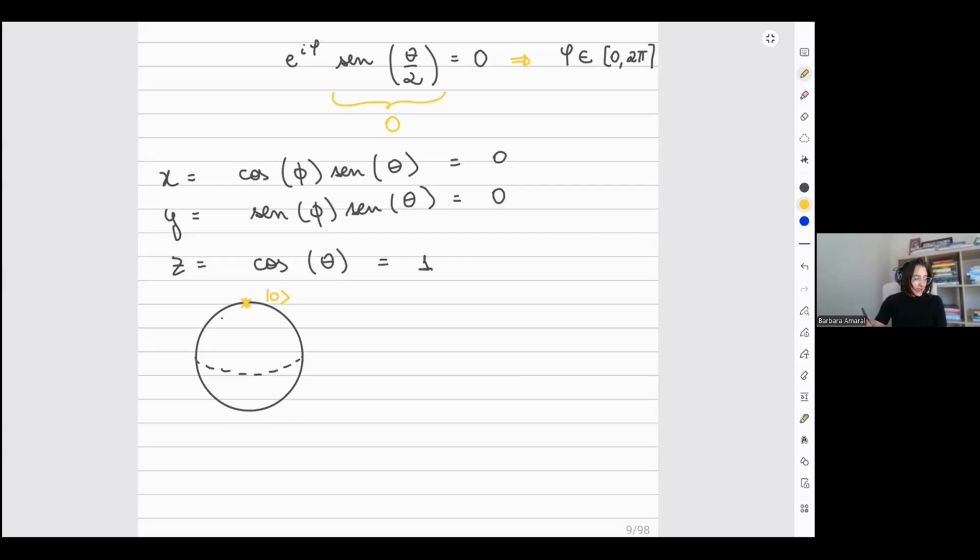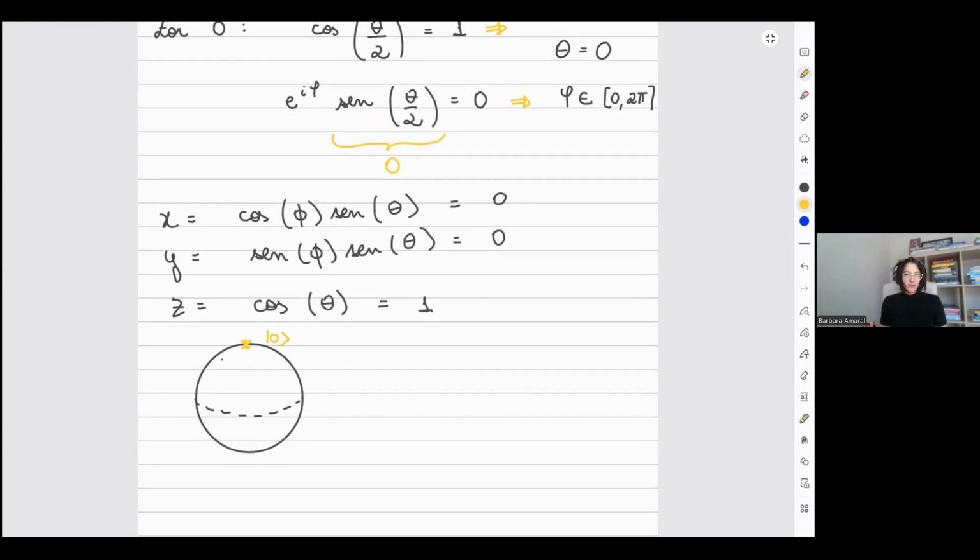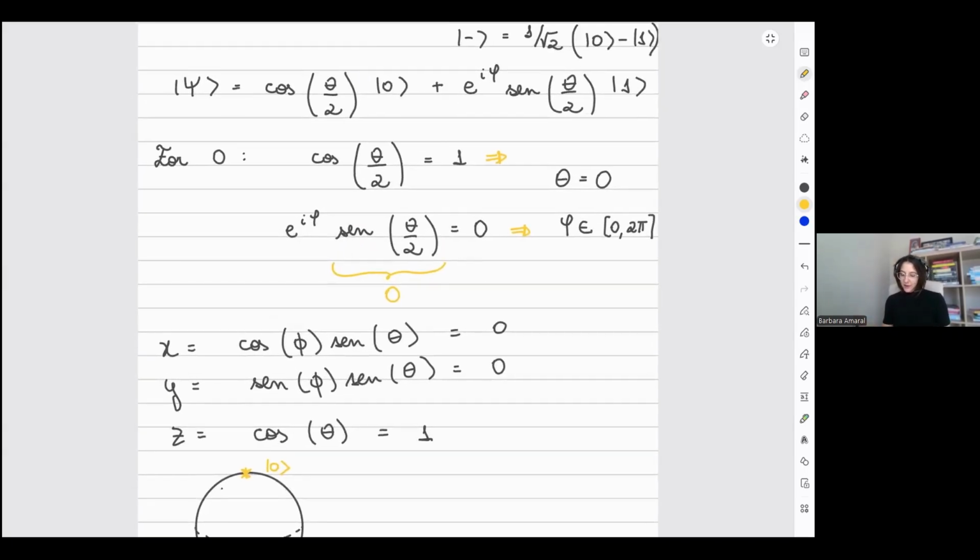Unless I'm really unlucky that I started with the only state that is going to work both ways, but I don't think so. Is it clear for everyone what I just did? If you continue working with quantum information, you're going to see this picture for the rest of your lives many, many times. So it is important that it's clear, okay? And now we try to do the same for the other vectors.